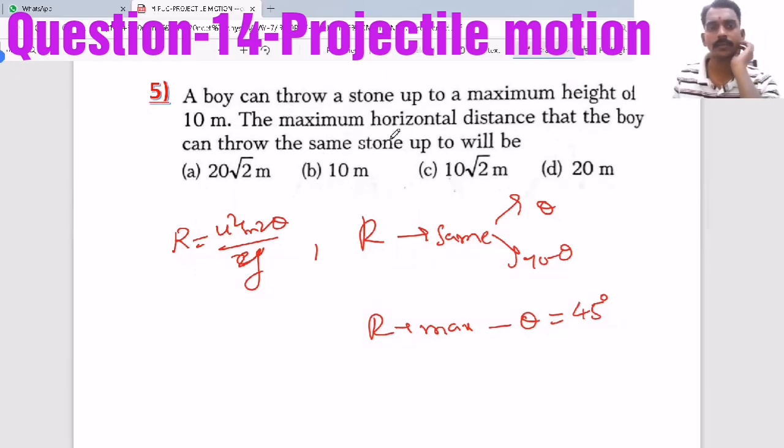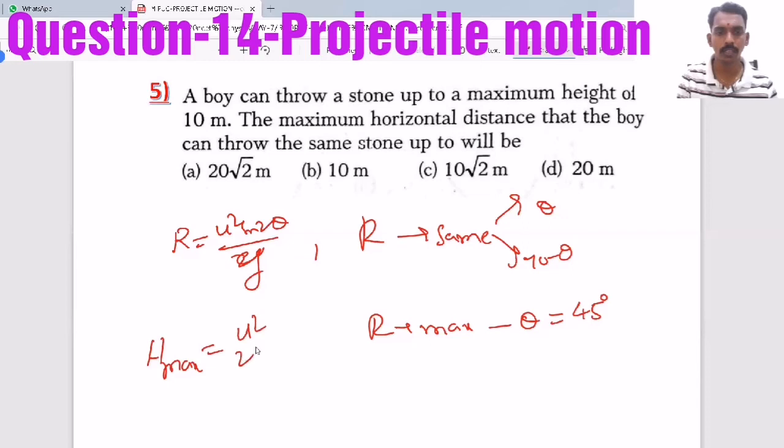So here they are asking, a boy can throw a stone up to a maximum height of 10 meters. The maximum horizontal distance that the boy can throw the same stone will be? See, h maximum, when you throw it up, is the maximum height, that is u square by 2g, and this value they have given as 10 meter.